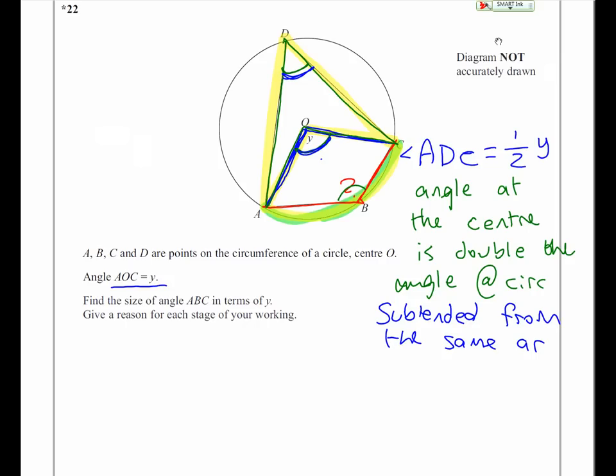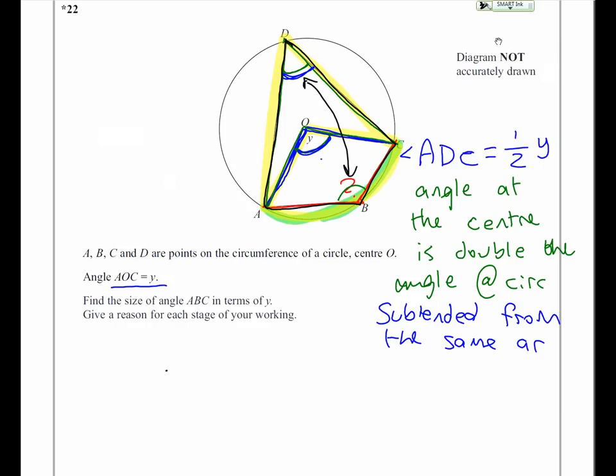The next bit is, can you see that we've got this four-sided shape inside a circle? When it's inside a circle, that's a cyclic quadrilateral. And in a cyclic quadrilateral, opposite angles add up to 180.